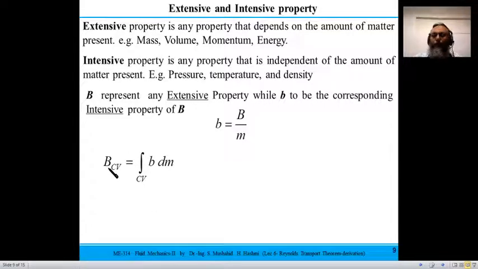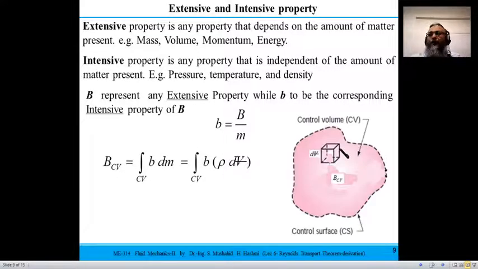Here, the expression for density is mass per unit volume, so mass would be density times volume. So this would be the same thing as dm. Instead of dm, I can write rho dV, where dV is just a small differential control volume.